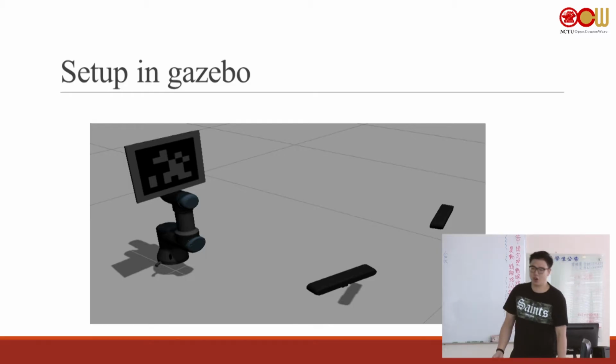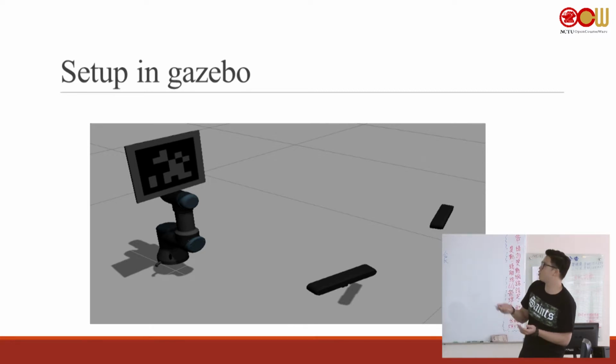And after that, the whole system is built up. You have AprilTags, UR3 robots, and cameras. What we're going to do is receive the image from the RGBD, which means the scenario of this whole system, and then do some image processing.